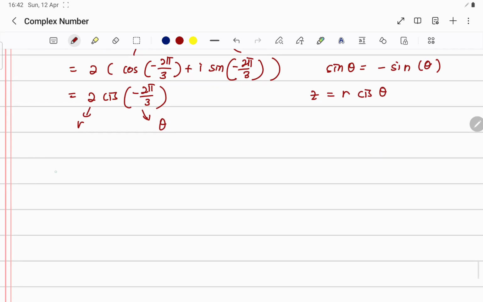After that, just substitute inside r e to the power of i theta. So my r right now is 2, e to the power of negative 2 pi over 3 i. So this is the answer in the exponential form.